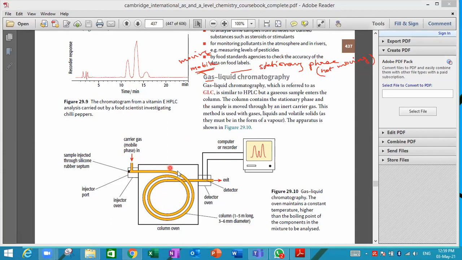So here, this is our column that contains the stationary phase, which is a liquid. In order to let the liquid not move and be stationary, they use columns with very small diameters, so as if the liquid is not moving. Either they do that, or they put what we call a solid support.